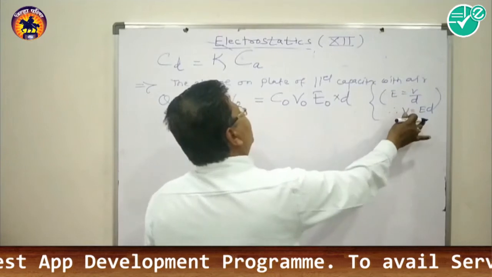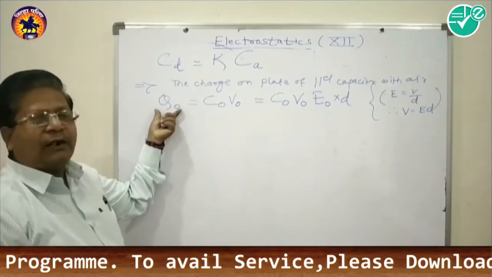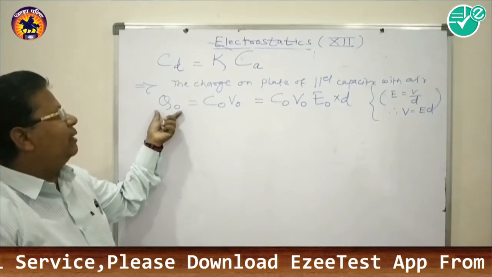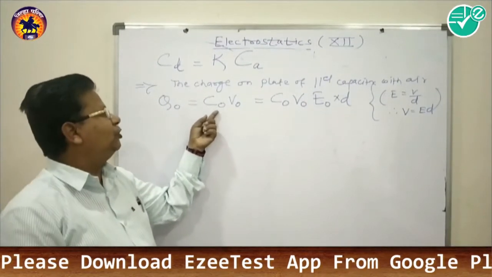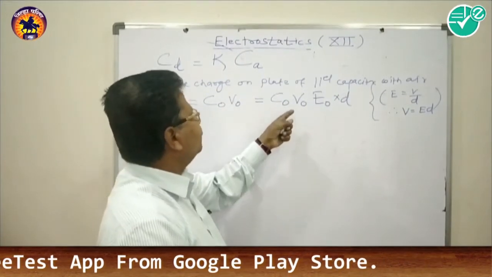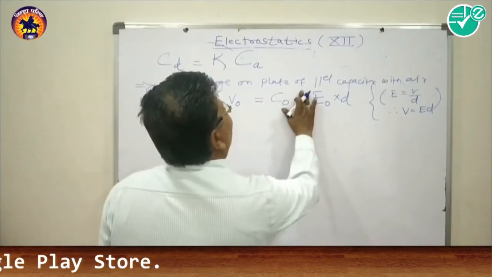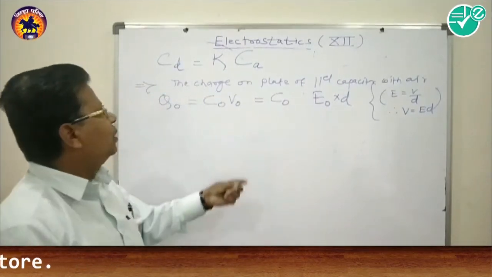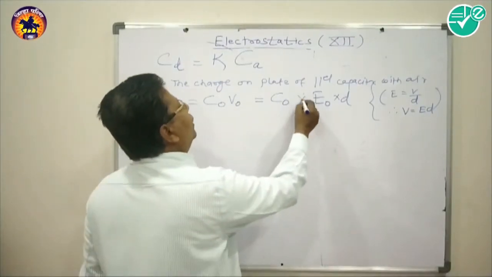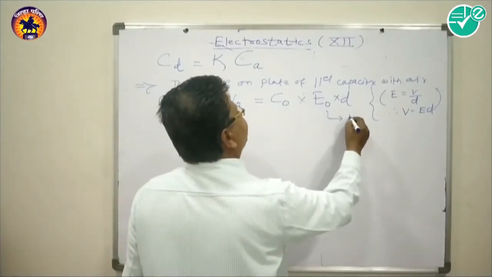So by using this formula, we have got the charge on the plates of the parallel plate capacitor filled with air: Q0 is equal to C0 into V0 is equal to C0 into E0 into d. Suppose this is equation number 1.